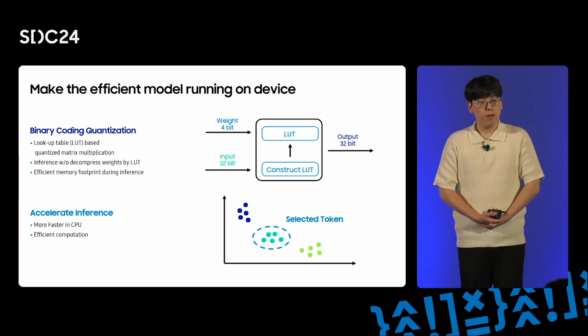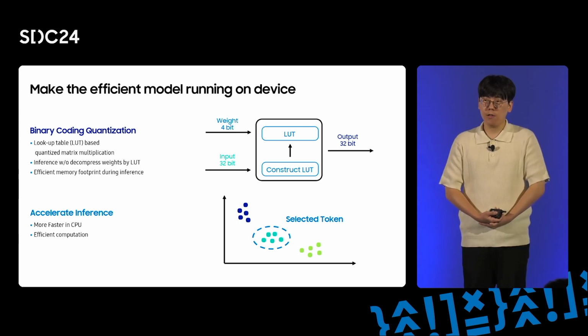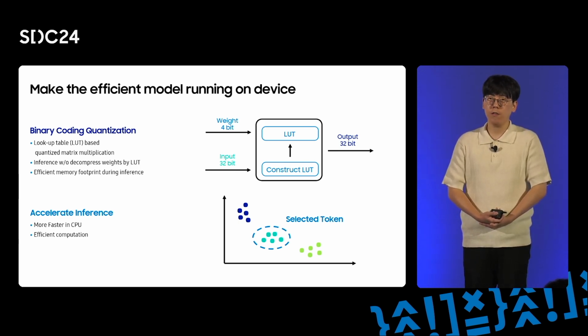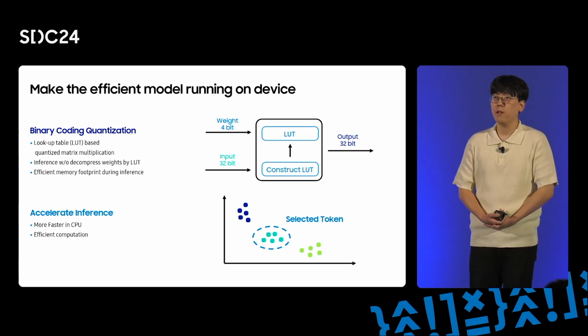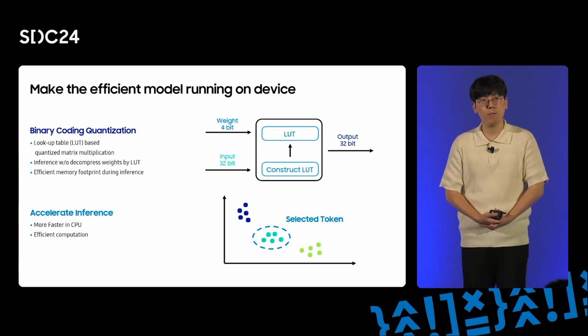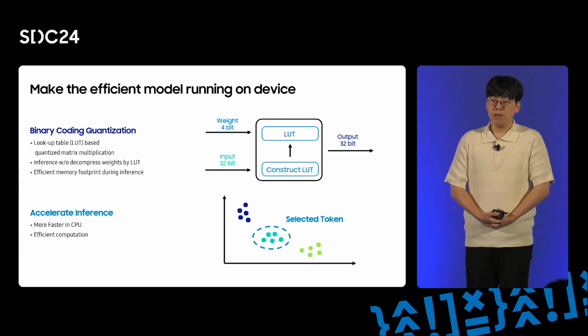We applied quantization to compress the model, and this method is called binary coding quantization. It is a method of compressing multiple weights using a few 32-bit variables and a number of binary variables. This allowed us to significantly reduce the size of model.